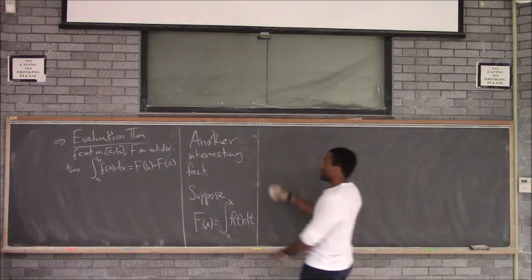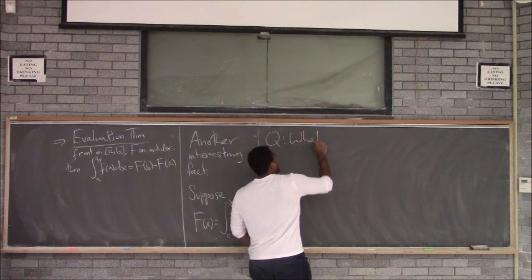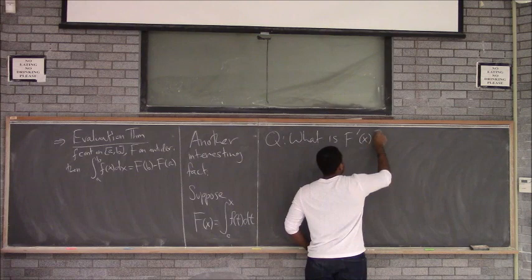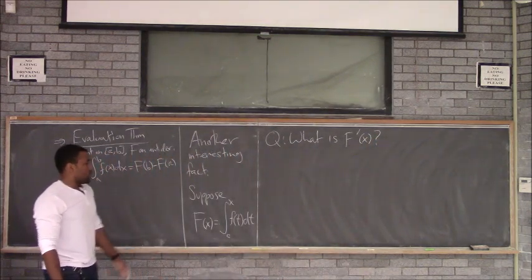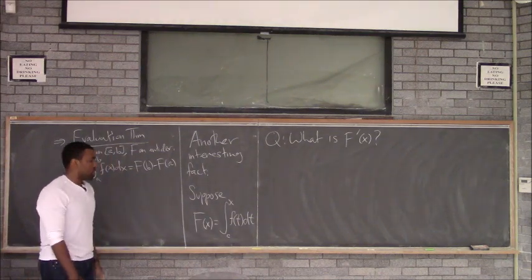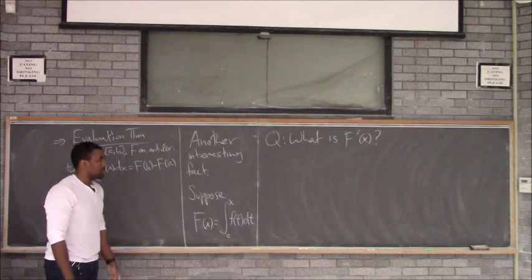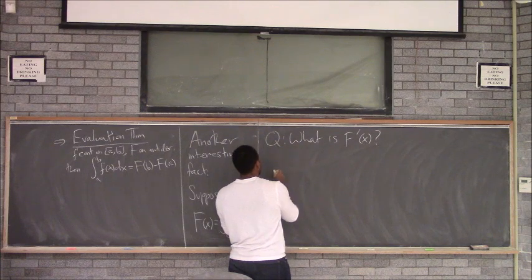Now, for various reasons, we might ask the question, what is the derivative of such a function? If I have a function that's defined as an integral, and I were to differentiate it, what would the answer look like? Here's how we're going to figure it out.